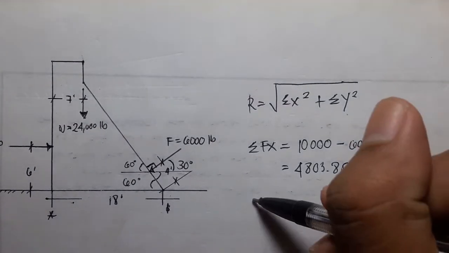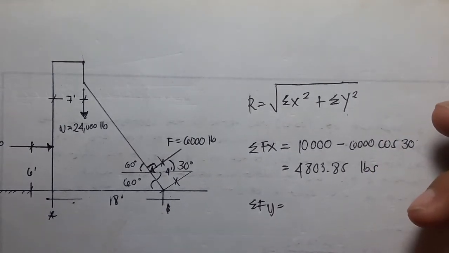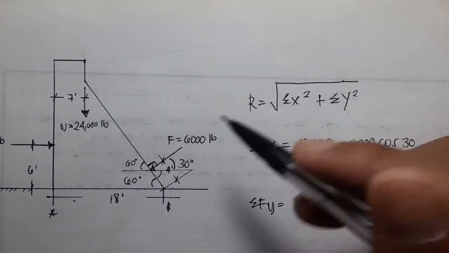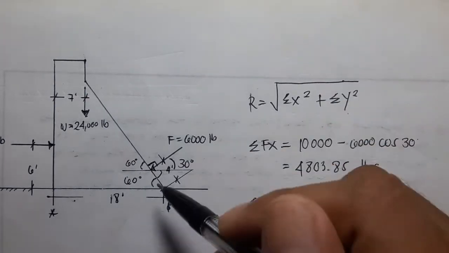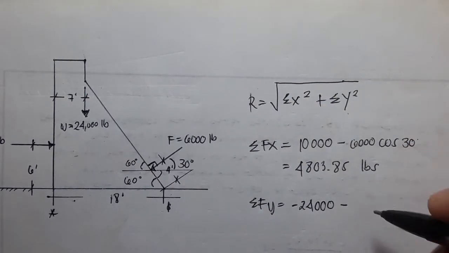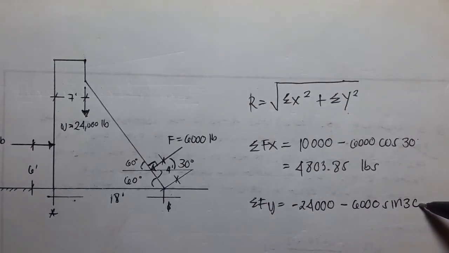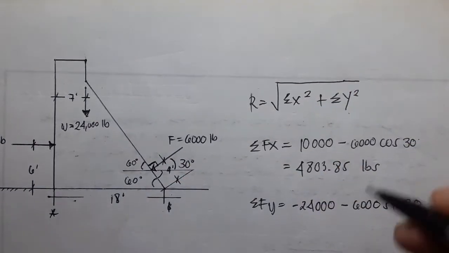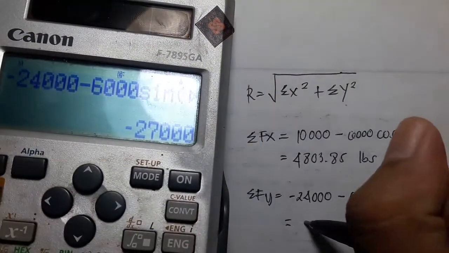Then summation of forces y: we have negative 24,000 minus 6,000 sine of 30, which equals negative 27,000.